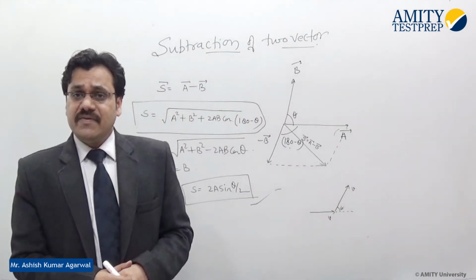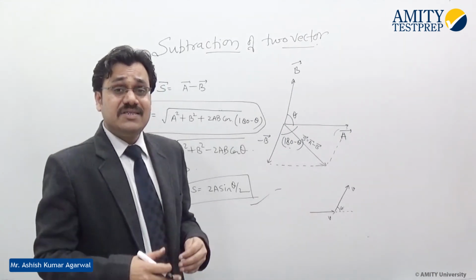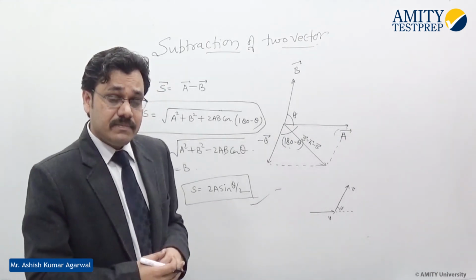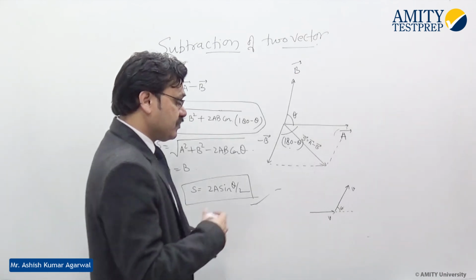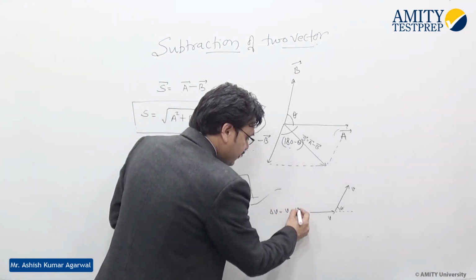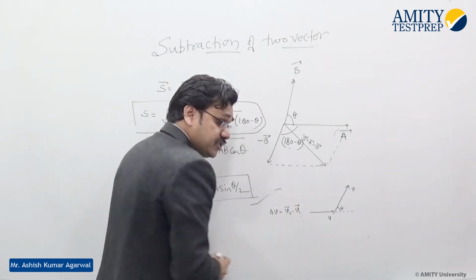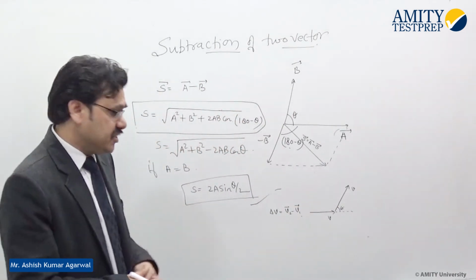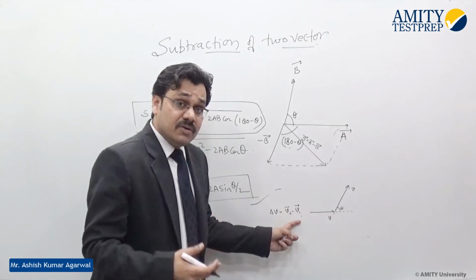Because velocity is a vector quantity, I have to find the change in velocity, delta v, that is v2 minus v1.